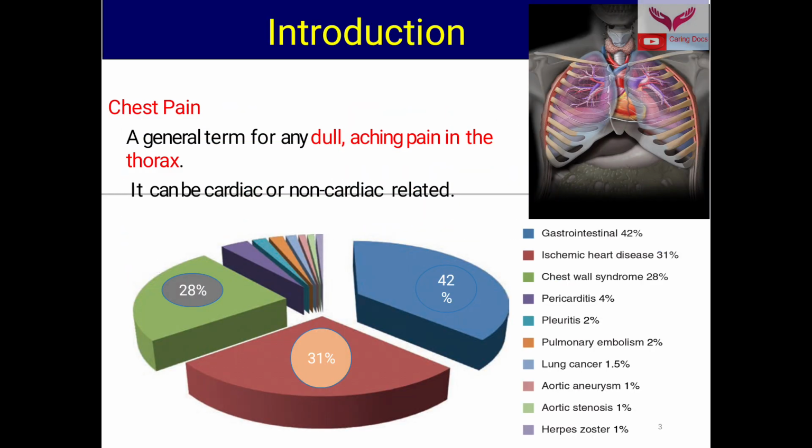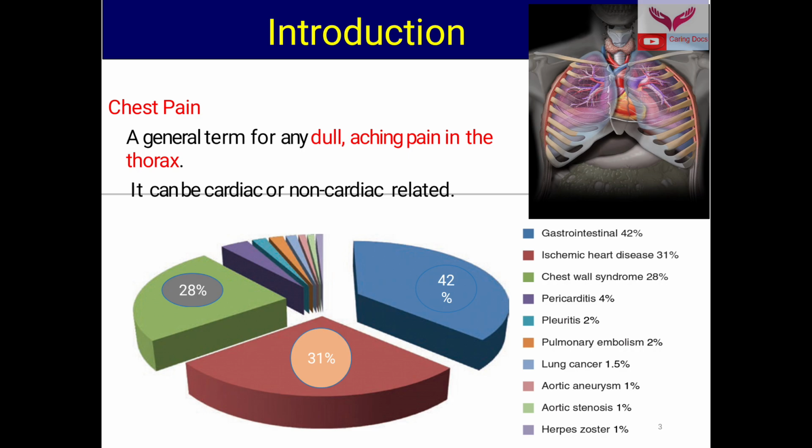If we describe chest pain, it is a dull, aching pain in the thorax. It can be cardiac or non cardiac. It has been seen that in most cases, about 42% of the chest pain which presents to the emergency department is gastrointestinal.